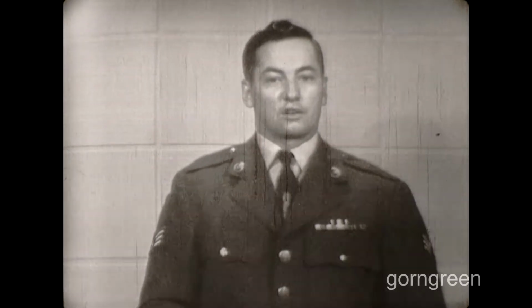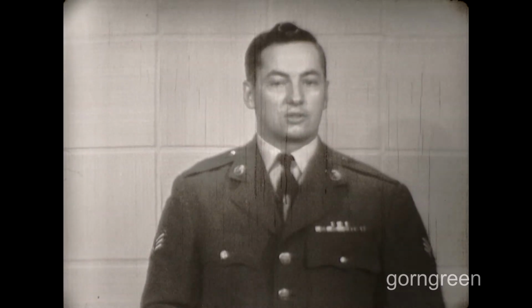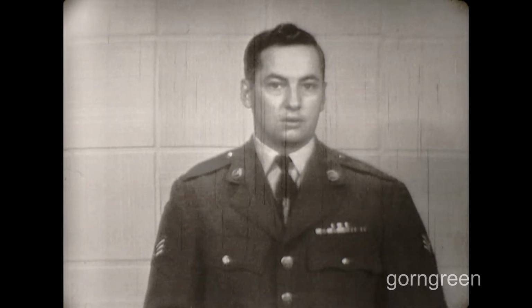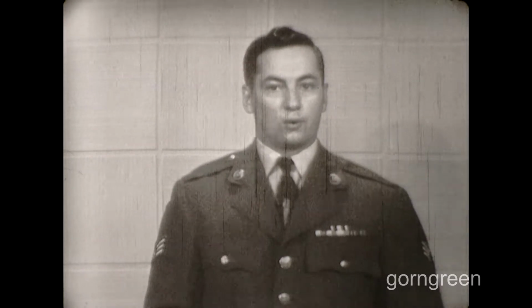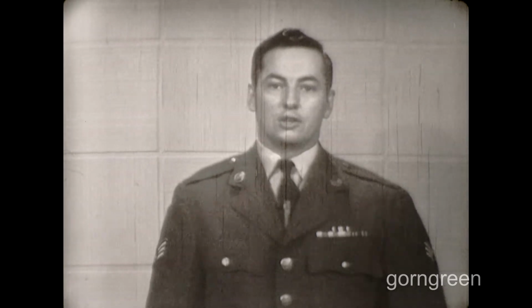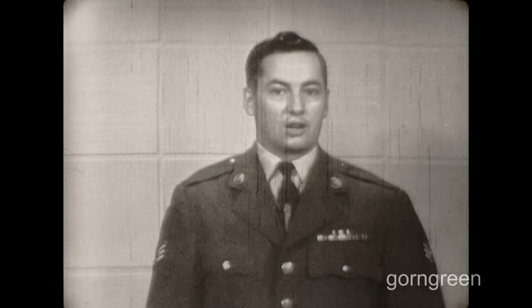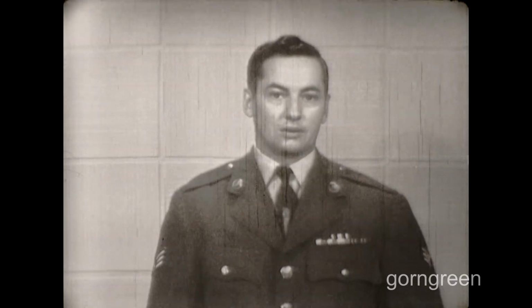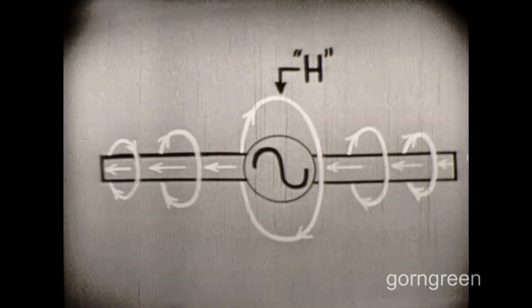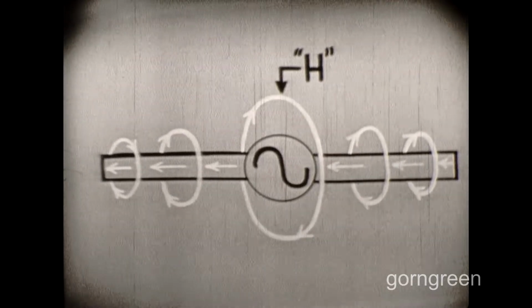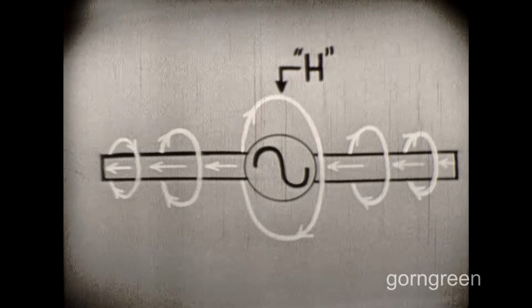However, an electrostatic field by itself cannot sustain itself in free space. It must be supported or aided by the magnetic lines of force. In other words, in space, E lines produce H lines, and H lines produce E lines. Let's see how the H lines are radiated. The mechanics are the same as for the electrostatic field.